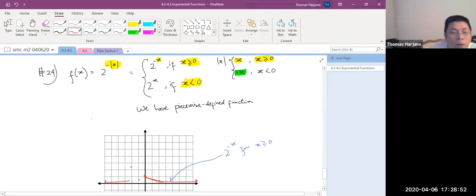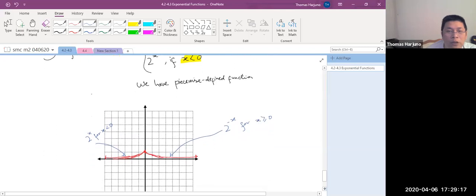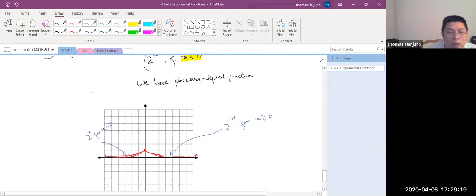So the graph of the function actually looks like this. This part here is 2 to the x for x negative. Now as you can see, the graph on the right-hand side and the left-hand side is symmetric with respect to the y-axis, and the maximum value is positive 1.